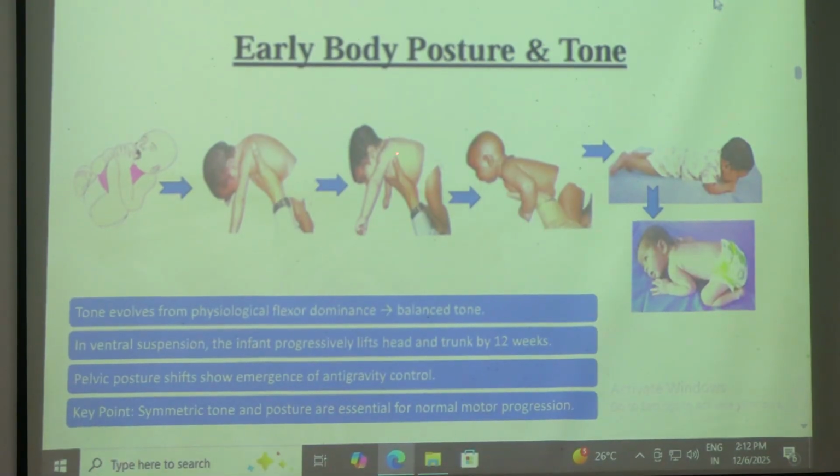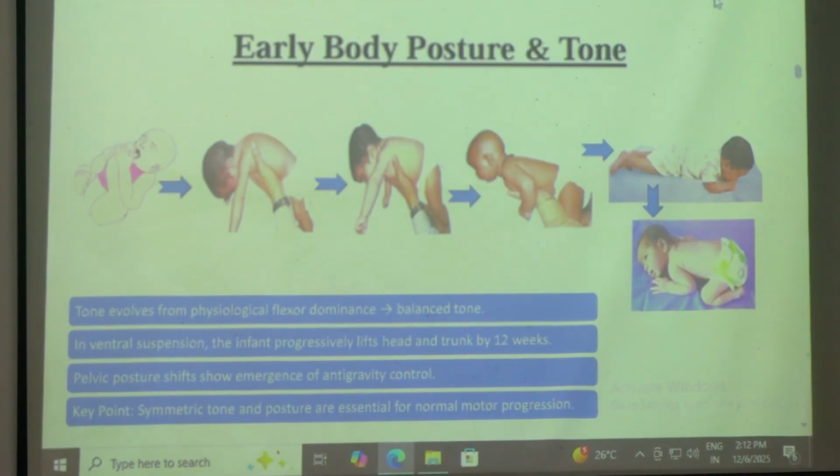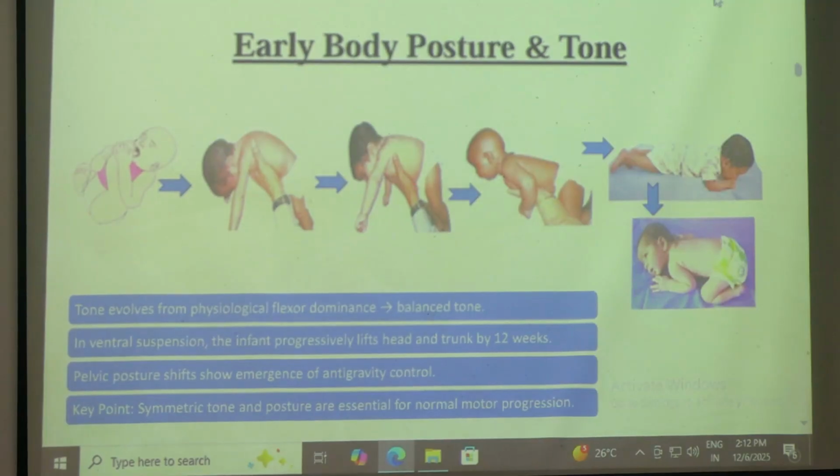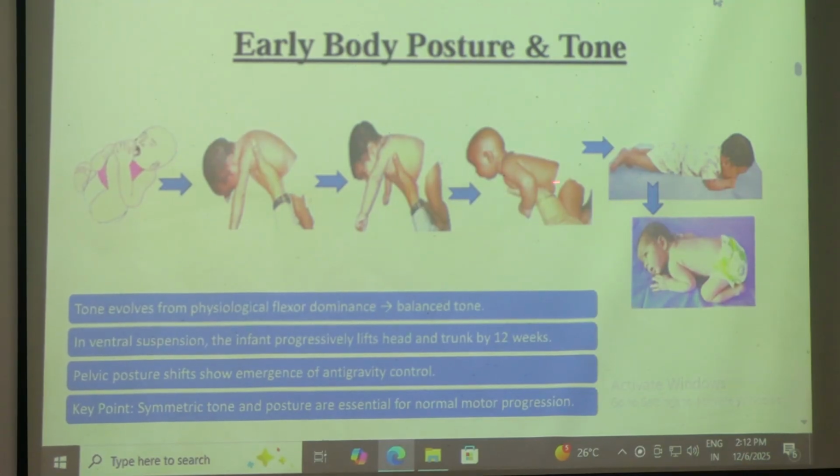If you see 8 weeks, the head is horizontal. Here the head is dropped. Here the head is horizontal. Here at 45 degrees, so it's a little bit raised. Understand? At 12 weeks, above horizontal. Isn't it? These two, you remember, I'll tell you later.